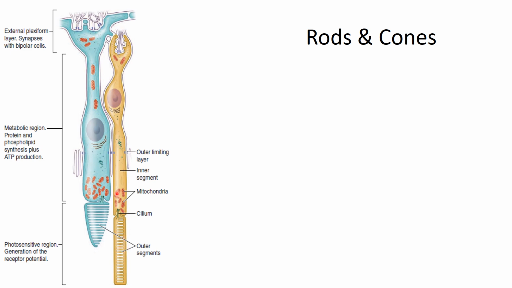So the rods have an inner segment which has a prominent Golgi apparatus as well as mitochondria. And this is the outer segment, which is facing outwards.